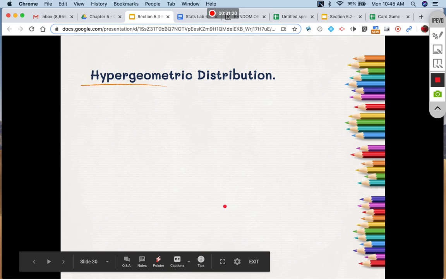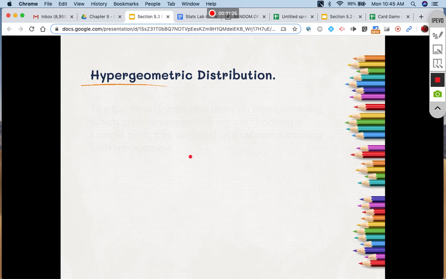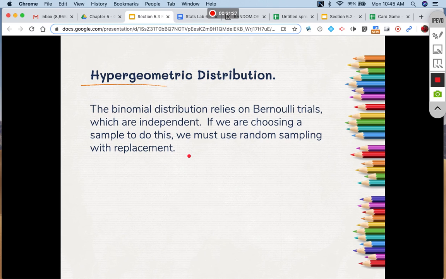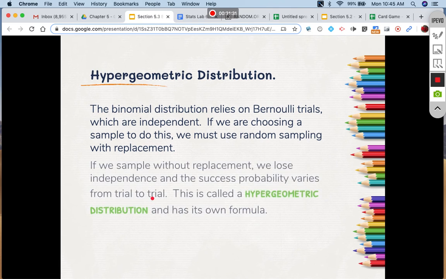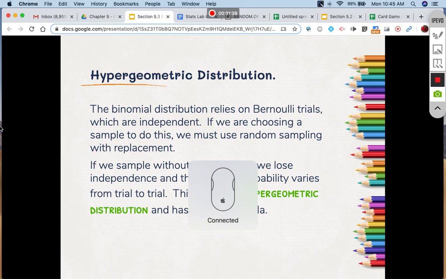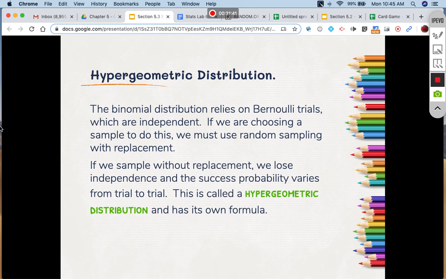Last thing I want to say is hypergeometric distributions. These are all based on Bernoulli trials. We do random sampling with replacement. What if we're not doing it with replacement? Then the success probability is going to vary from trial to trial. So this is now called a hypergeometric distribution. It has its own formula.